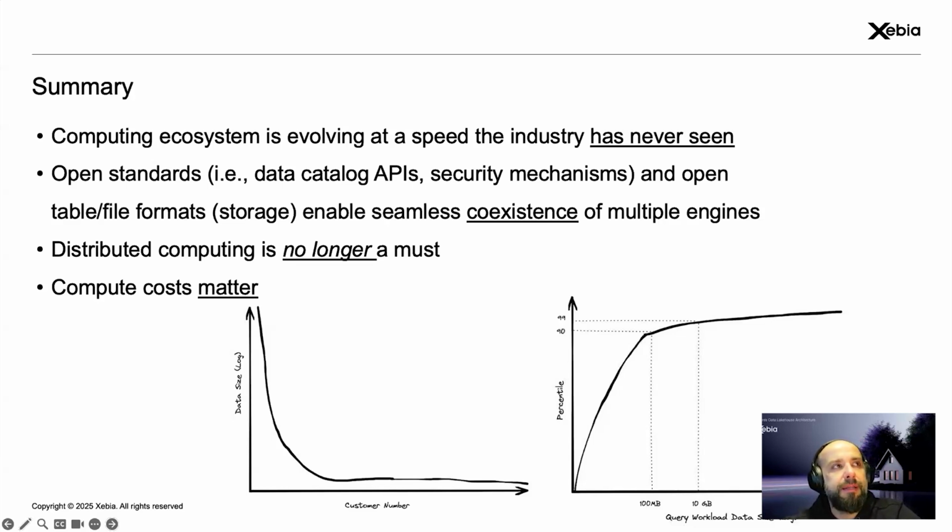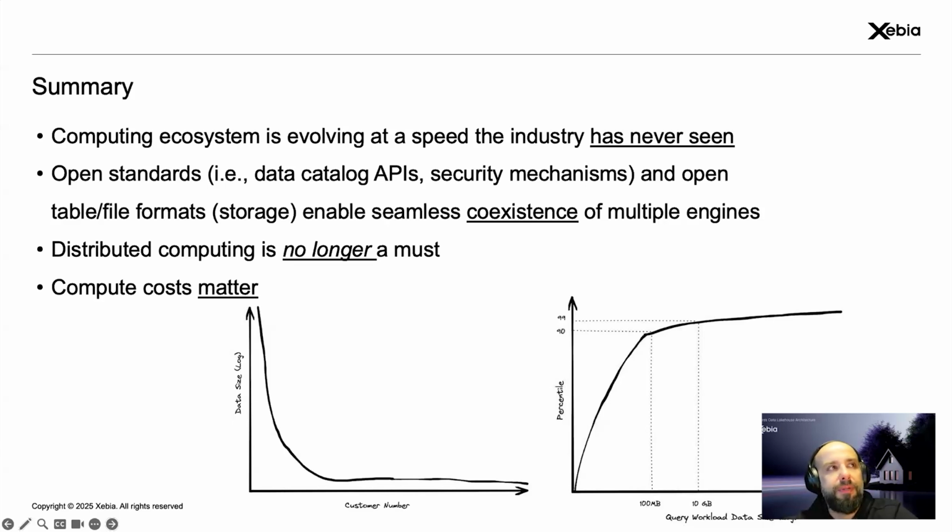We also have open table file formats, and this all enables a seamless coexistence of multiple engines within one data platform. So it's no longer the case that you need to stick to only one compute engine because there is some tight coupling between the storage formats or some security integration.